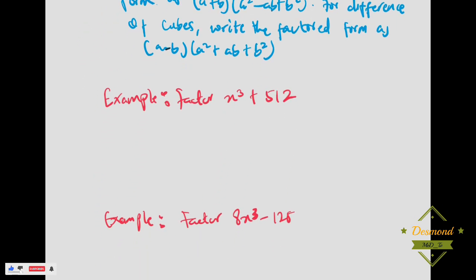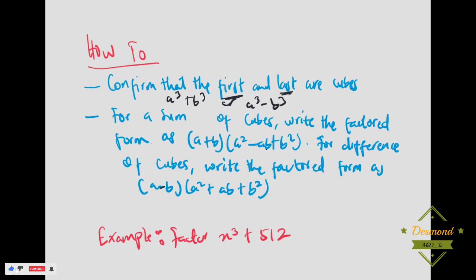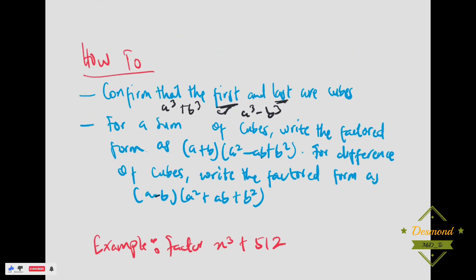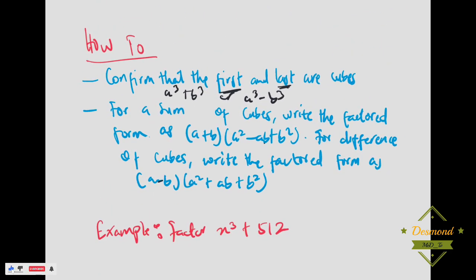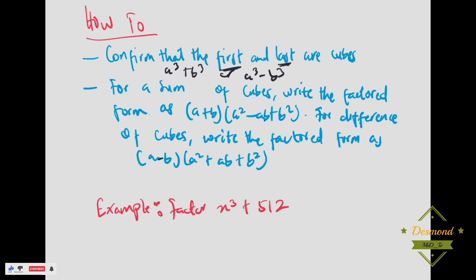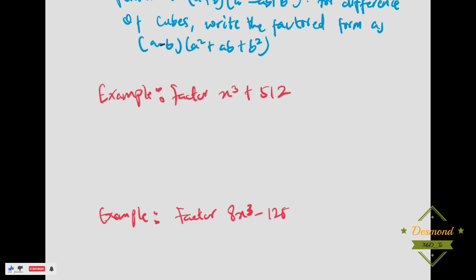With this example, we are going to factor x cubed plus 512. From our steps, the first thing that we need to do is to confirm that the first and the last terms are cubes, right? So we can note that x cubed and 512 are cubes because 8 cubed is equal to 512.